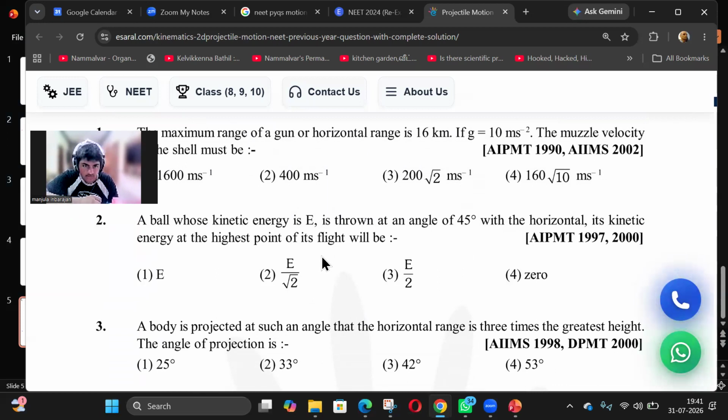At the highest point, they're asking K at the highest point.